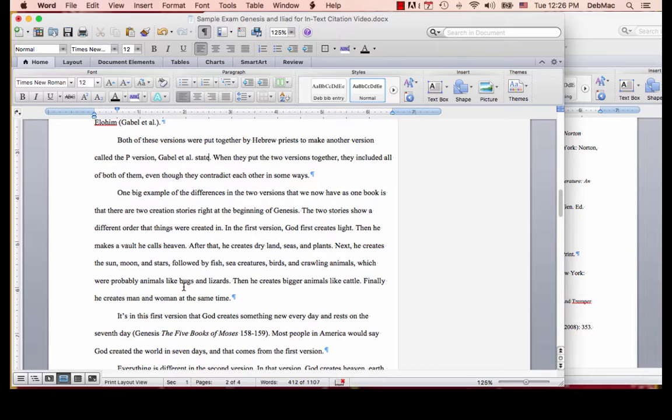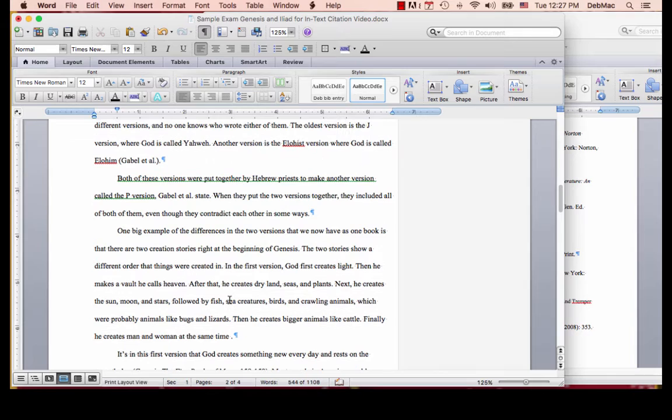So for this, we do have page numbers because this came from the book, and we're going to put the citation at the end. And no, it doesn't really make any difference whether you put it in the text or whether you put it in parentheses. One's as good as another. What's important is that you have the citation there somewhere in some form.